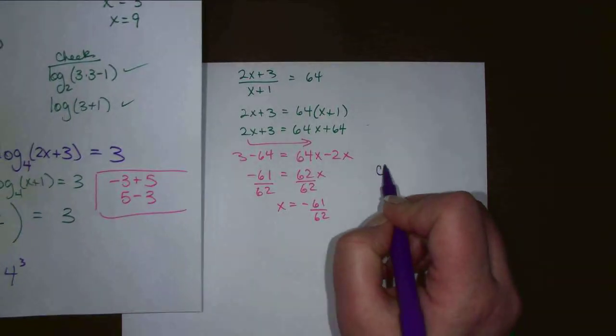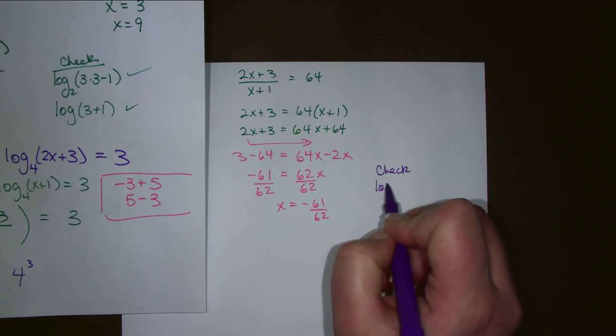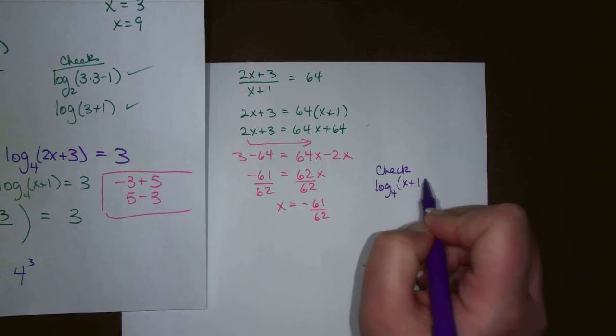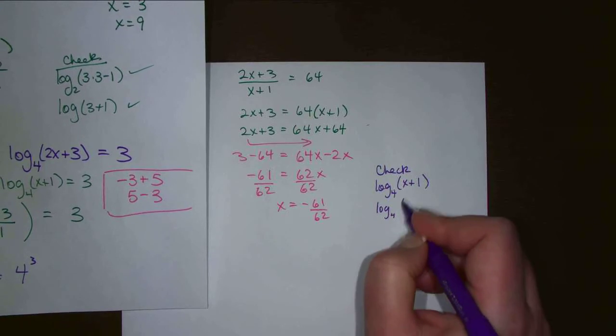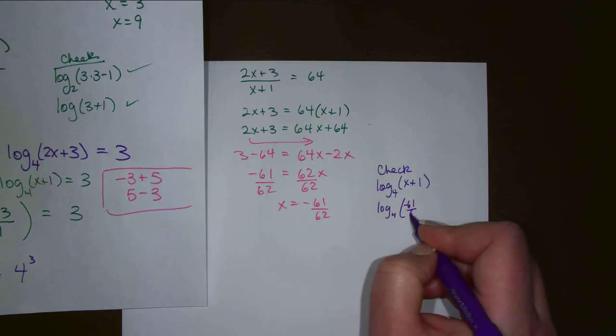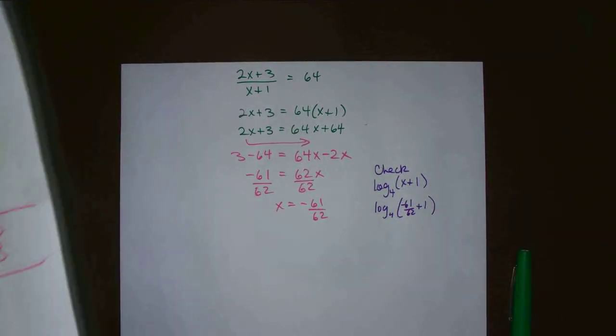What are our two logs that were in the original question? So one was a log of x plus 1. If we put this in, you're not going to necessarily figure it out. Let's reason through this. We'll just care if it's positive.